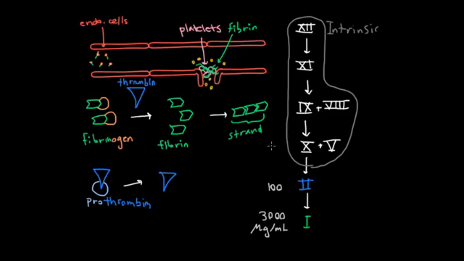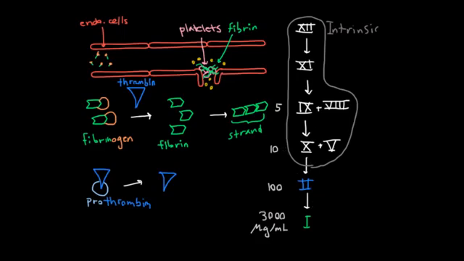Meanwhile, 10 has about 10 micrograms per milliliter in blood, and factor 9 has about 5 micrograms per milliliter in blood. And so you can really see that as you go down this thing, you're increasing your amounts in your blood, which reflects the fact that you're also going to increase the number of active forms of these when you have a clot.